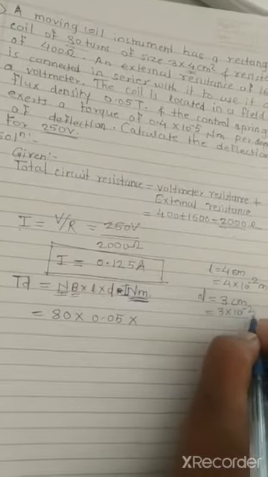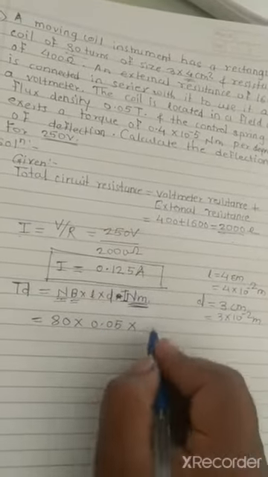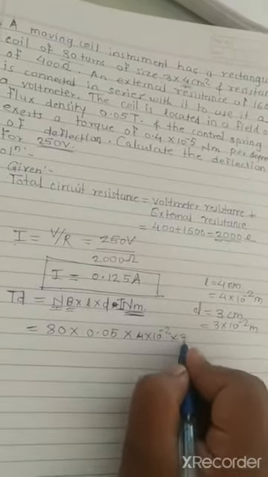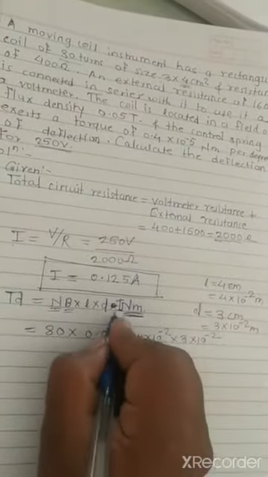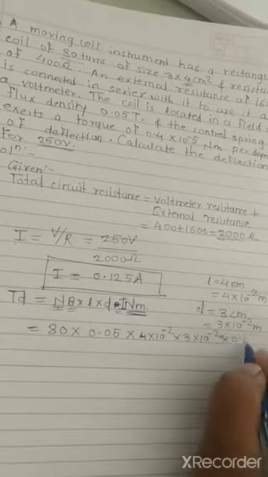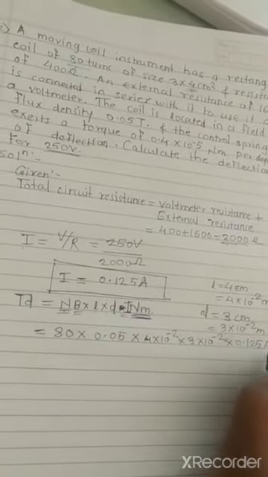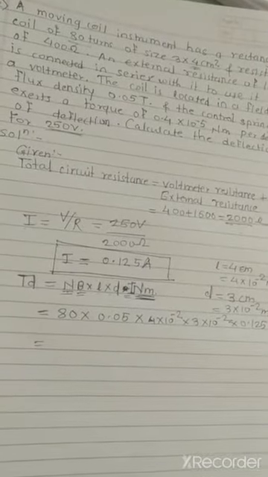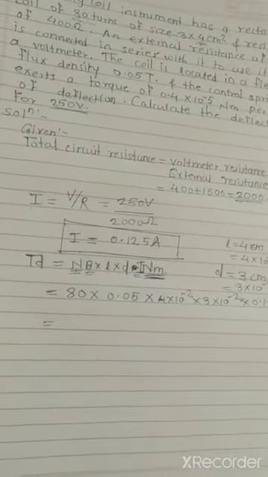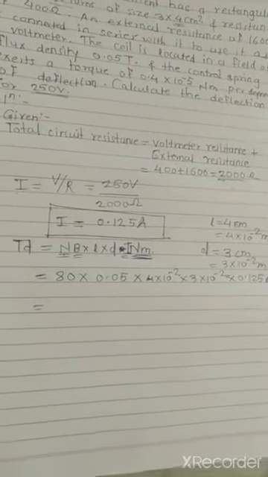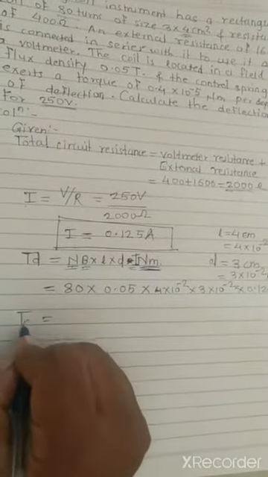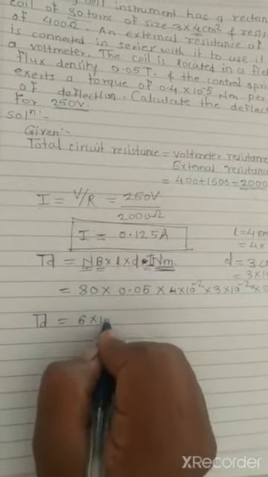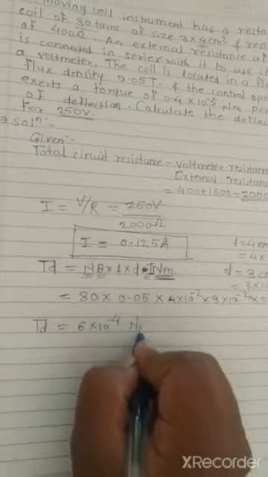Put these values here. You will get 4 into 10 raised to power minus 2 into 3 into 10 raised to power minus 2, and the current is 0.125 ampere. Now do all this calculation with the help of a calculator. Then you will get the deflecting torque as 6 into 10 raised to power minus 4 Newton meter.